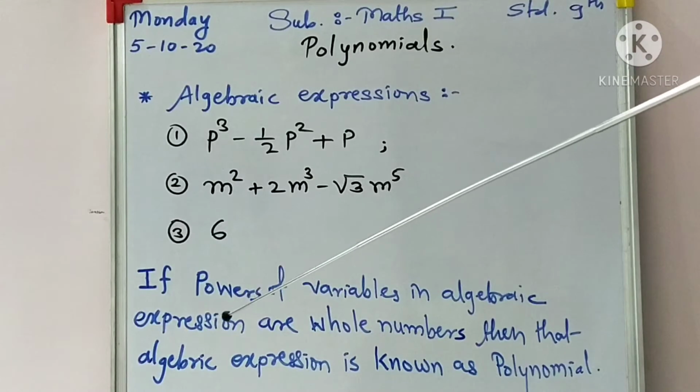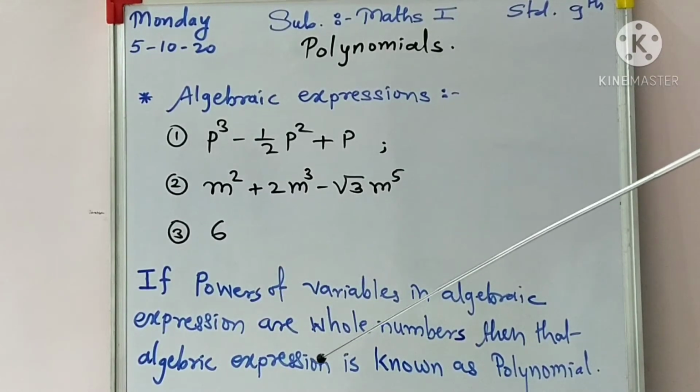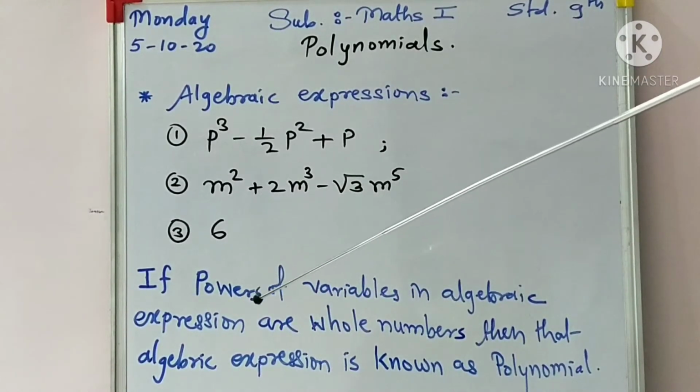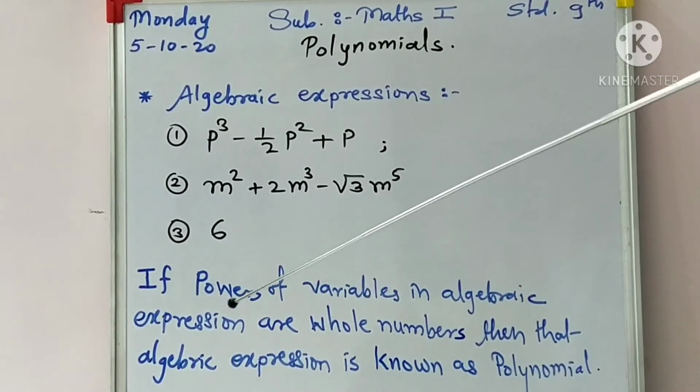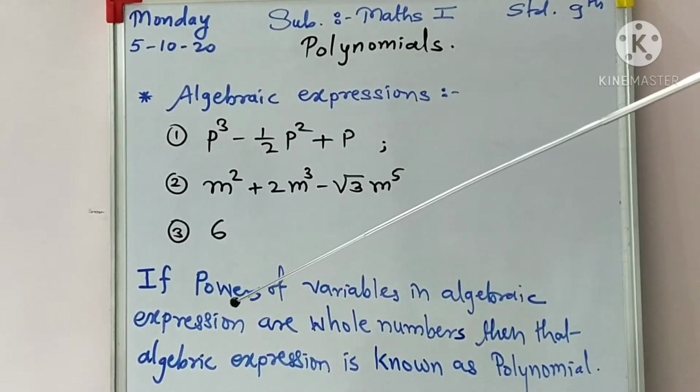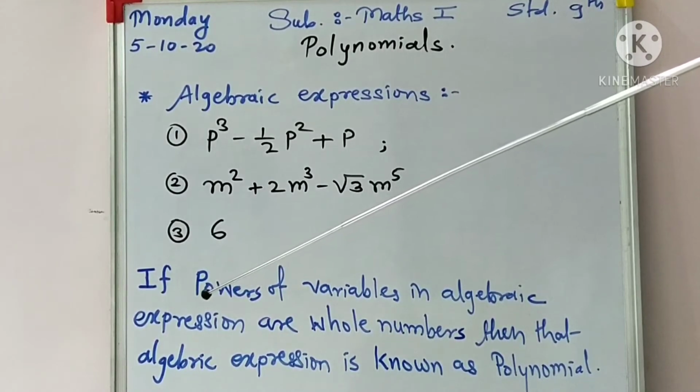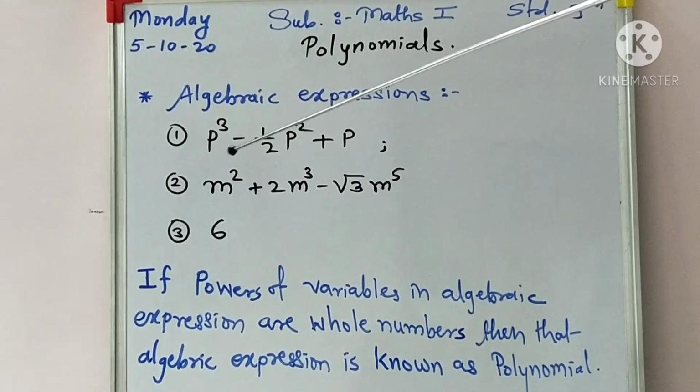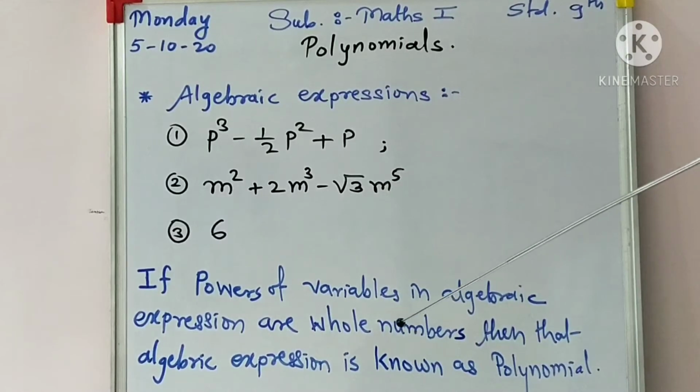So here I write down the definition of a polynomial: the powers of variables in that expression are whole numbers. So power means what? The indices of each variable is what? Whole number, and whole numbers are what?